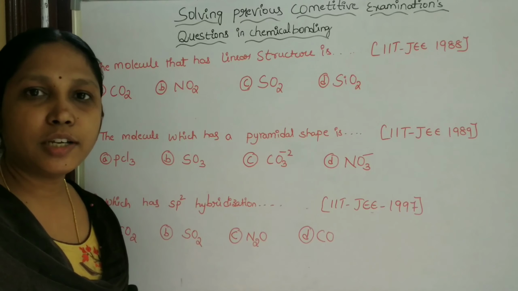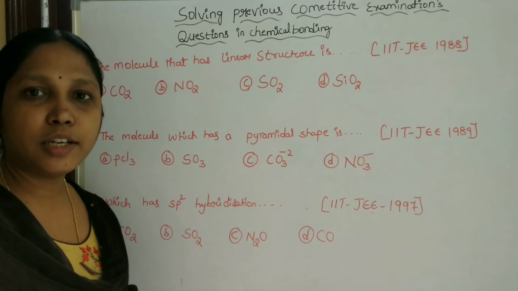Here, how many sigma bonds are there? 2 sigma bonds. That means one is S and another is P: SP. So the hybridization is sp. SP hybridization has linear shape, linear geometry, and a bond angle of 180 degrees.